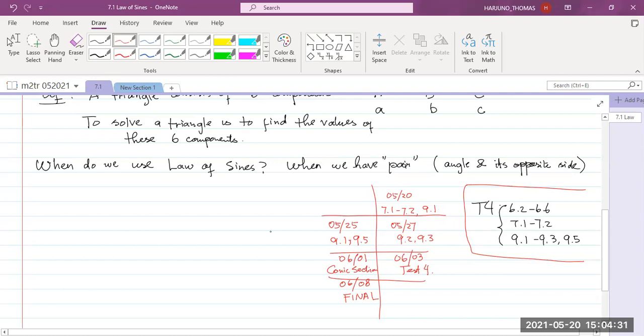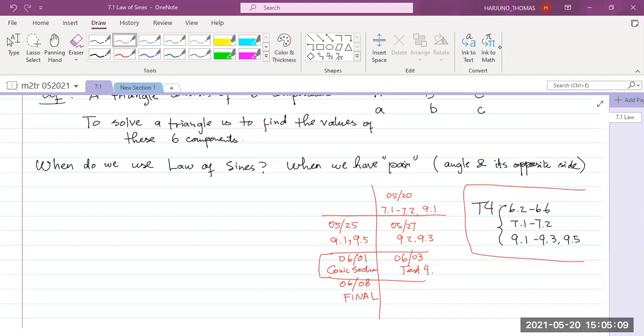In the past I didn't have a chance to cover conic sections, but hopefully this time I have conic sections in your final. What are the topics for your final? Basically everything I cover this semester. That's for your test 4 and the tentative schedule, but very likely this is what we can follow.